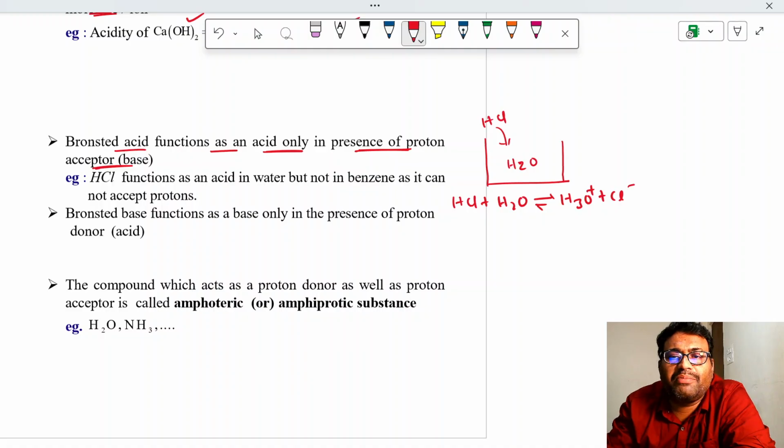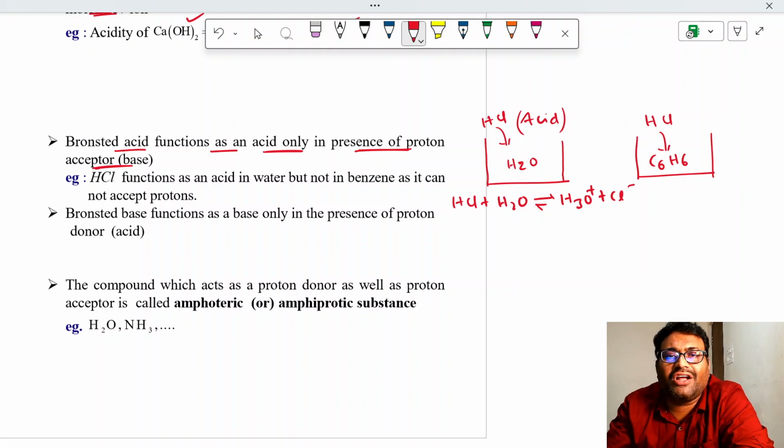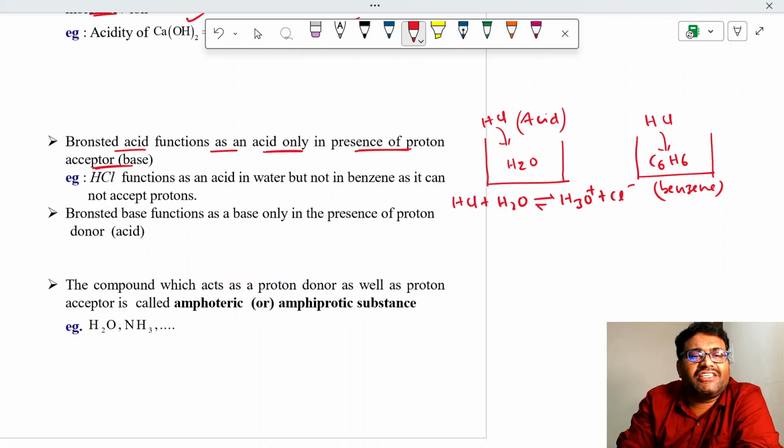Now H2O is able to take this proton from HCl, then only it can act as a base. But if you add HCl to benzene, C6H6, C6H6 cannot take a proton from HCl. Now HCl cannot act as an acid. See, HCl functions as an acid in water, but not in benzene. Why? Because benzene cannot accept a proton.